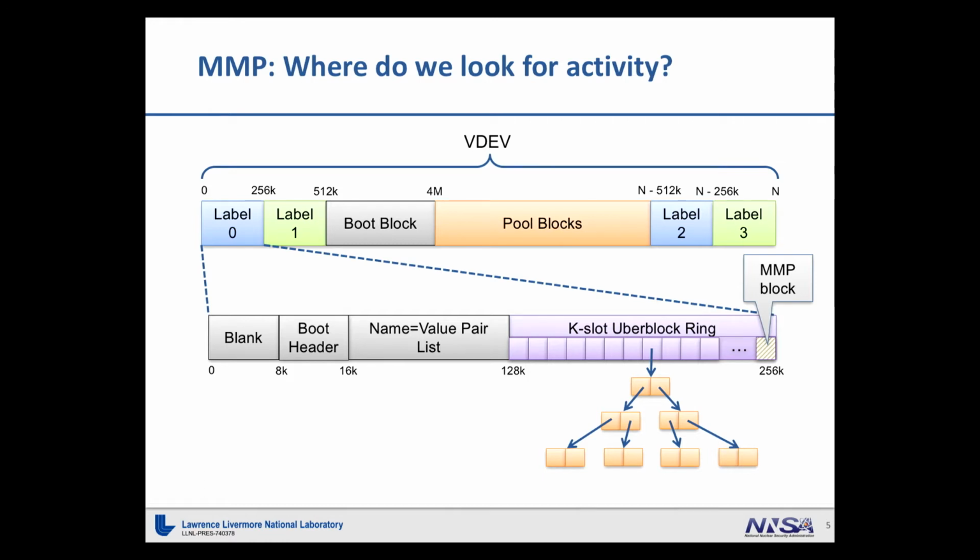And so you can't guarantee that if you read it, you're going to get one whole NV list. You might well get parts of more than one because it's being overwritten at the same time you're reading it. And as had been observed by, I think, probably many people before I even came to this, the Uber blocks being written to the Uber block slots already provide an indication of activity. So why not use this free capability that's already there?